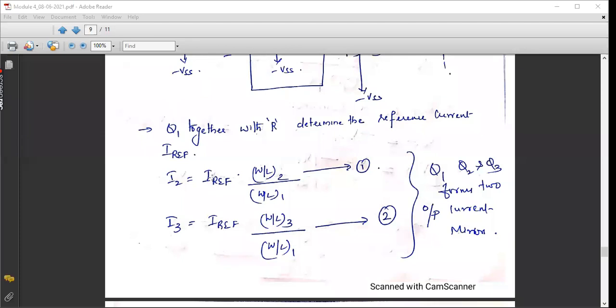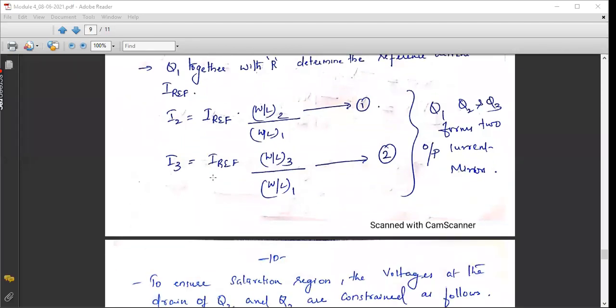Further, you also need to write the conditions in terms of voltage for the proper working of the two mirror circuits. Okay. So how many mirror circuits are there, students? As far as Q1, Q2, Q3 is considered, there are two current mirror circuits. One is Q1, Q2, another combination is Q1, Q3.